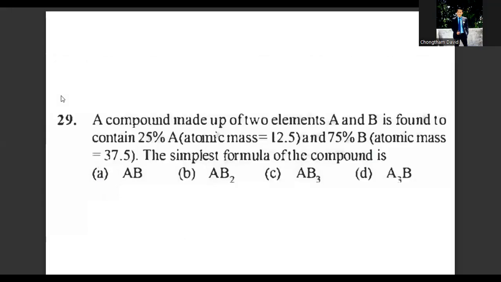Question number 29. A compound made up of two elements A and B is found to contain 25% A and 75% B. What is the simplest formula of the compound? So this is the question. Let us make up a table here. Element, percentage, let us say atomic weight, then you can also mention your relative number of atoms, then simplest whole number ratio.